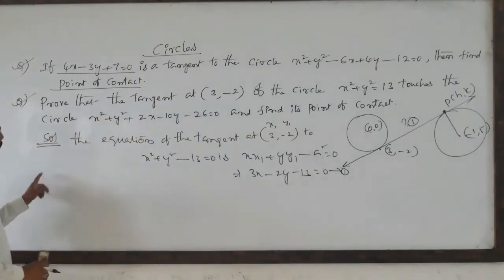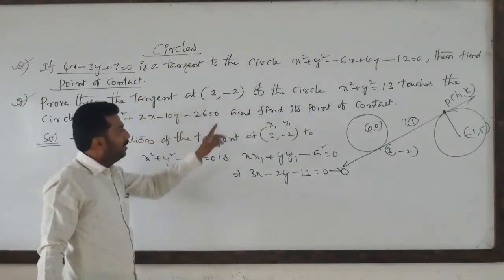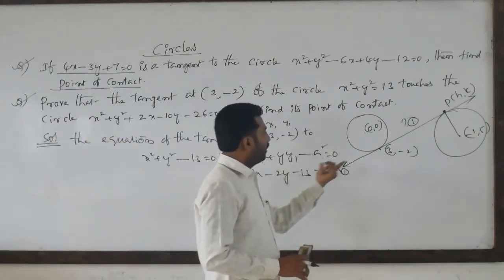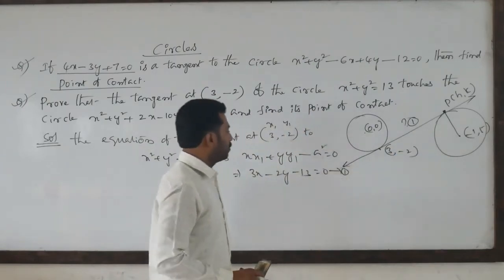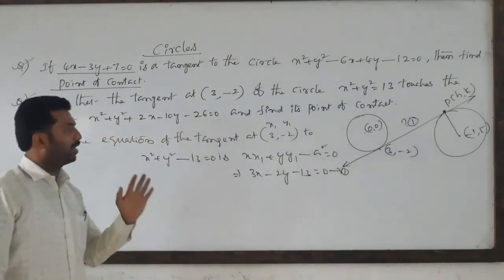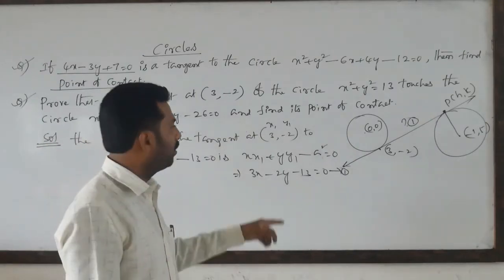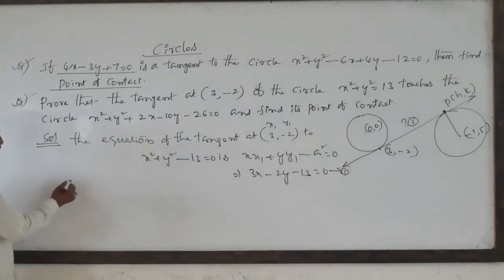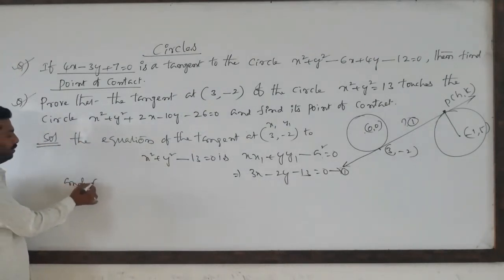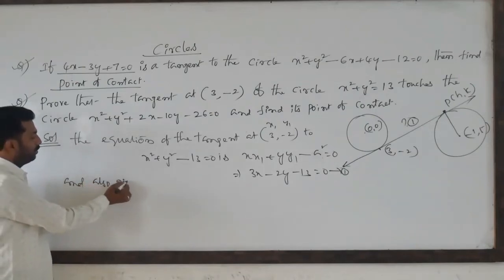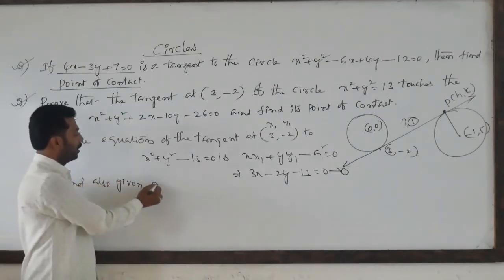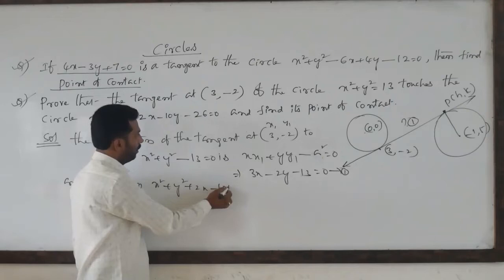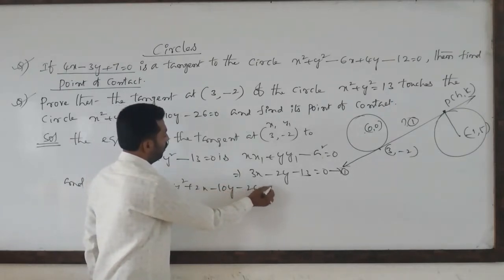Now what we have to discuss: prove that the tangent to this circle touches another circle. Finally what we have to prove is that this line touches this circle. How to prove that one line touches one circle? The radius is equal to the perpendicular distance drawn from the center to the tangent. So the given circle is also given. What is the given circle? x square plus y square plus 2x minus 10y minus 26 equal to 0.